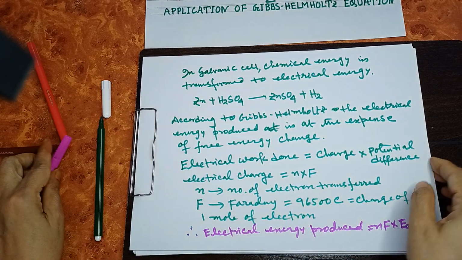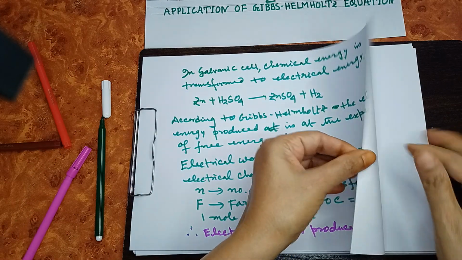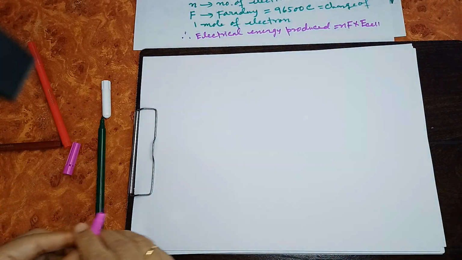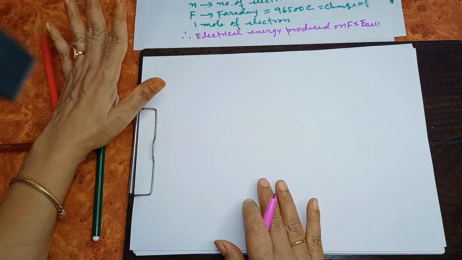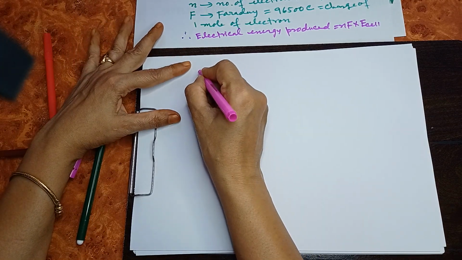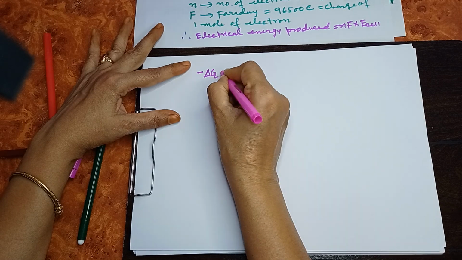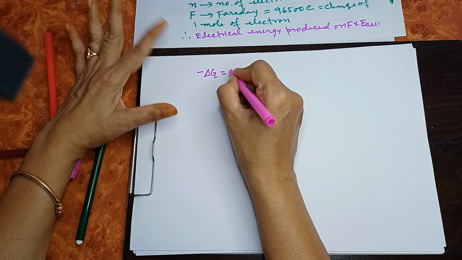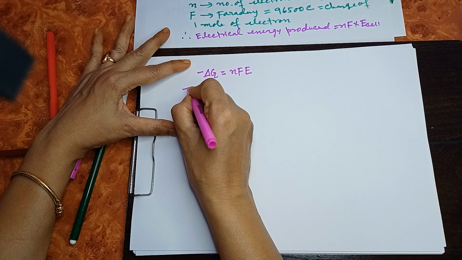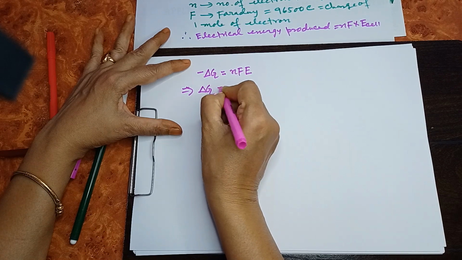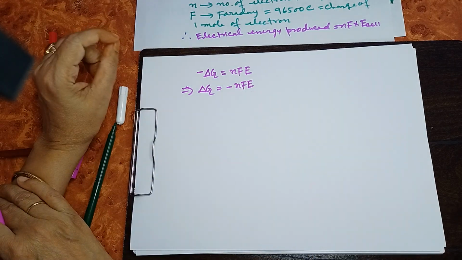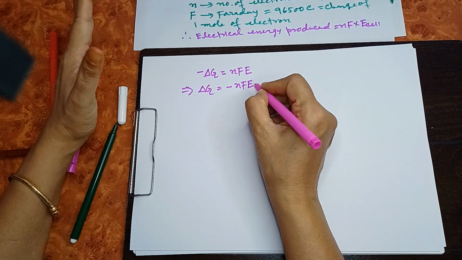Already I have told you that according to Gibbs Helmholtz, this electrical energy produced is at the expense of free energy change, or decrease in free energy. Therefore, minus delta G, the decrease in free energy, is equal to nFE, or the change in free energy is equal to minus nFE, where E is the EMF or electromotive force.